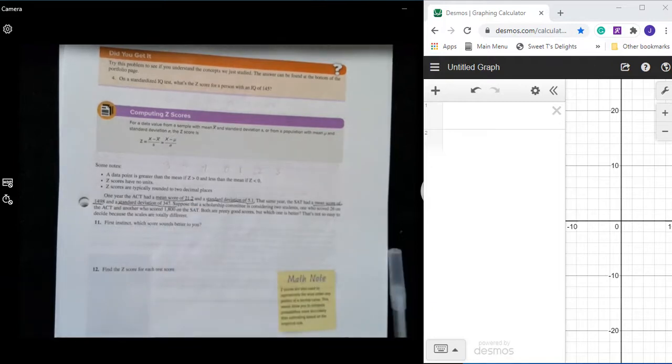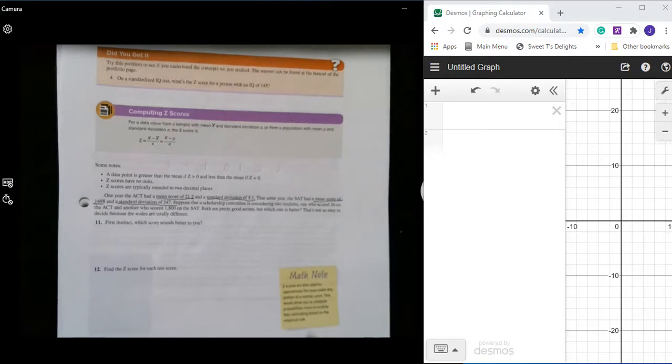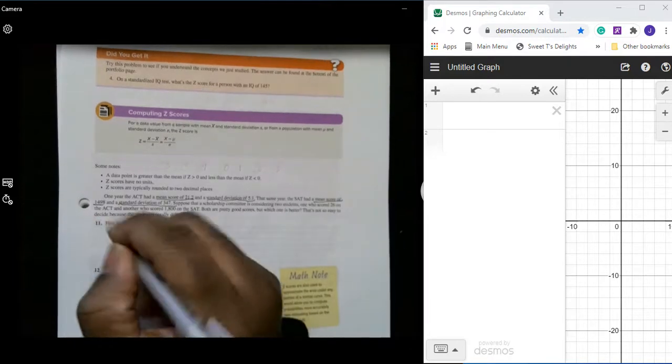Suppose that a scholarship committee is considering 2 students, one who scored 26 on the ACT and another who scored 1800 on the SAT. Both are pretty good scores, but which one is better? That's not so easy to decide because the scales are totally different. First instinct, which score sounds better to you? Okay, well, my first instinct would be the SAT.